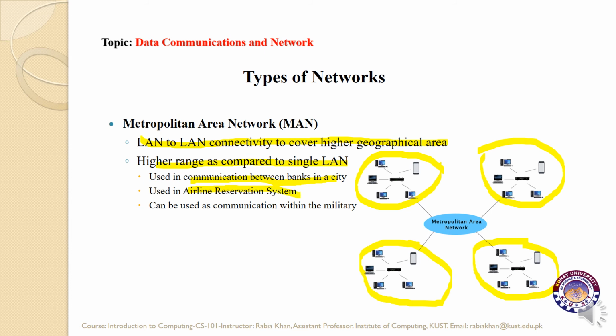Different offices of an airline may have their respective LANs which then communicate with one another to form a MAN. And similarly, it can be used for communication within the military. So different offices within a setup can communicate with one another to form a MAN. So a metropolitan area network basically connects two or more different LANs in order to form a higher communication range.